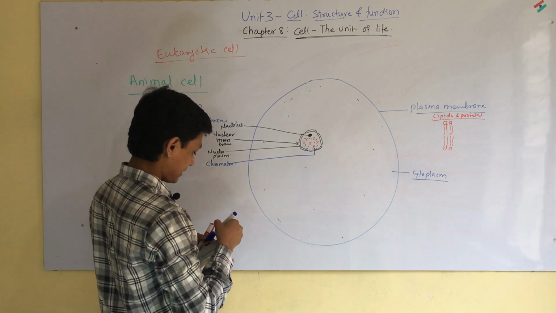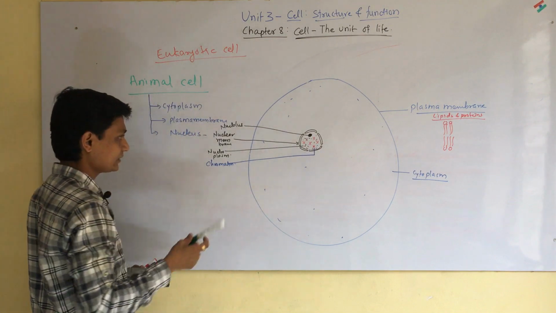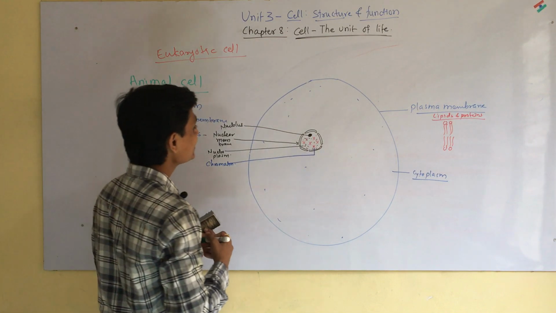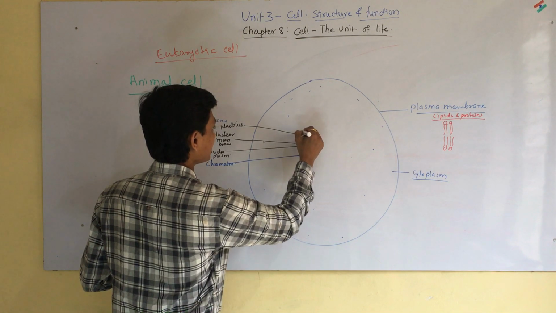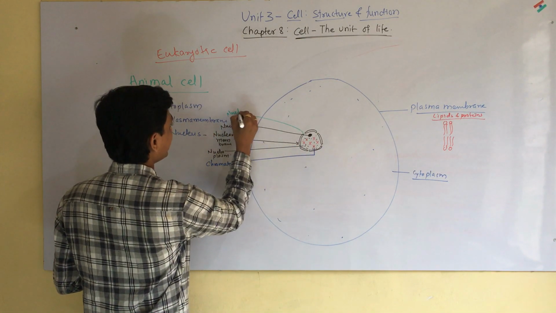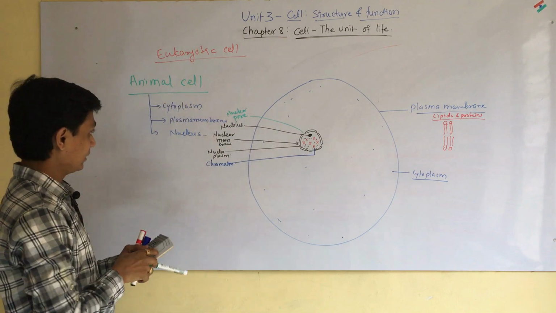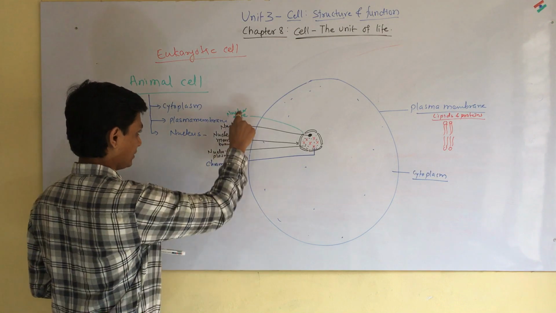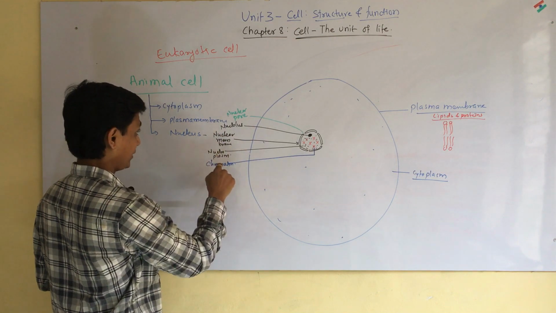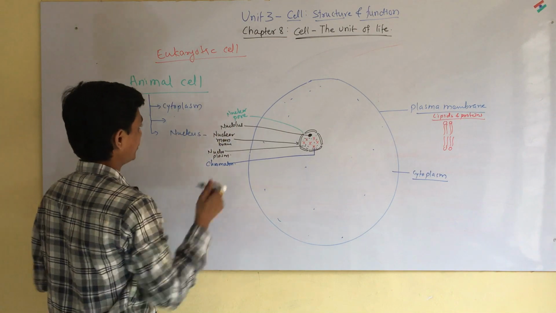And lastly, the membrane of this nucleus is somewhat discontinuous and has some pores. This is known as nuclear pore. And these all five things, 1 2 3 4 5, become a nucleus.